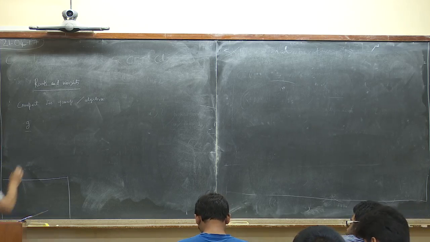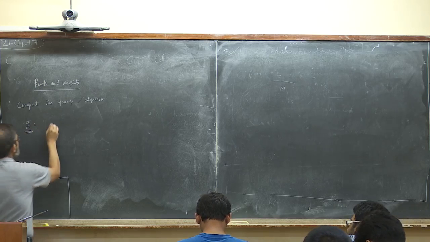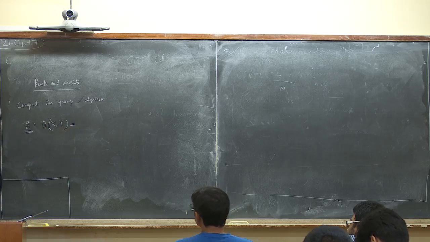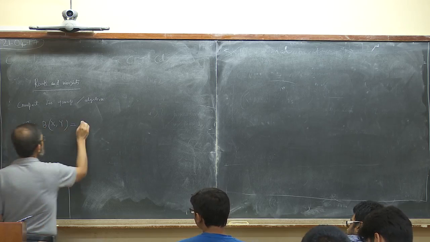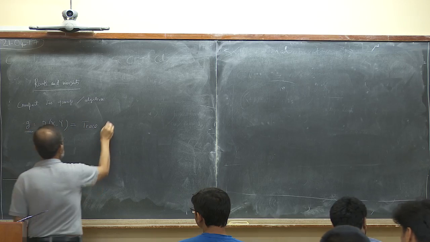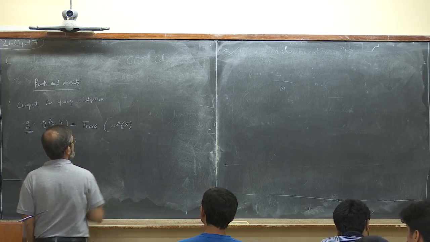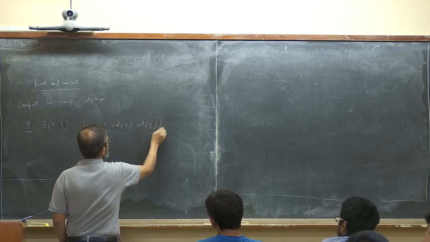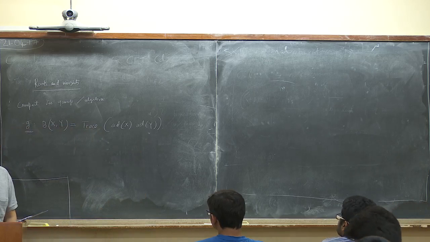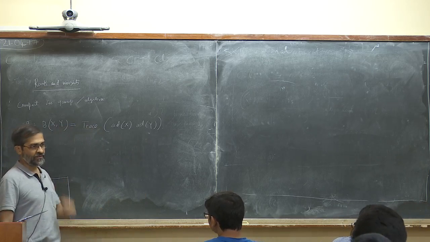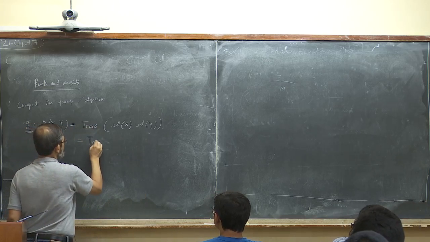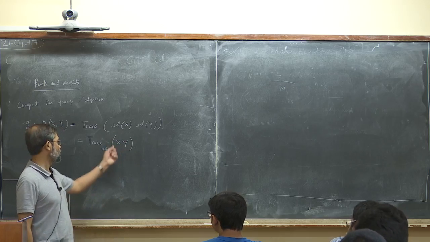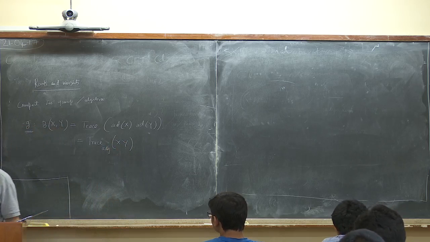So I have this Lie algebra, I have two elements, and I define the following thing, which is the trace of the adjoint representation matrix of X and the adjoint representation matrix of Y. This is also sometimes called trace adjoint X, Y, where it is understood that X and Y are taken to be the adjoint representation matrices.